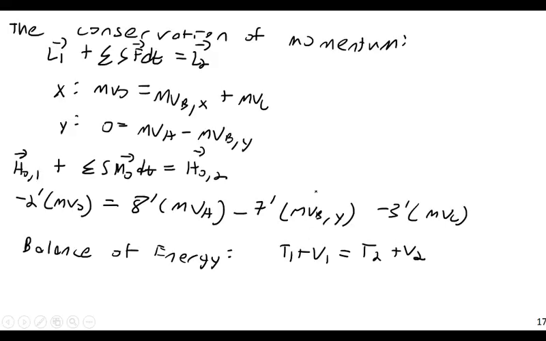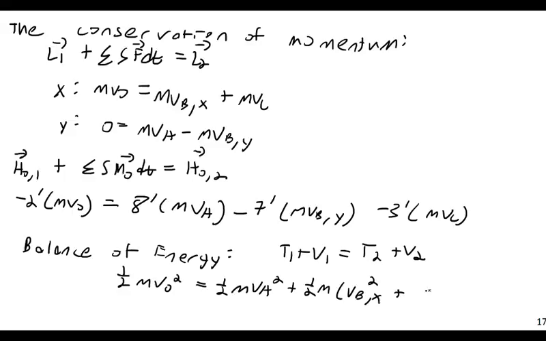And then putting in further terms, 1/2 mv naught squared equals 1/2 mva squared plus 1/2 m vbx squared plus vby squared plus 1/2 mvc squared.